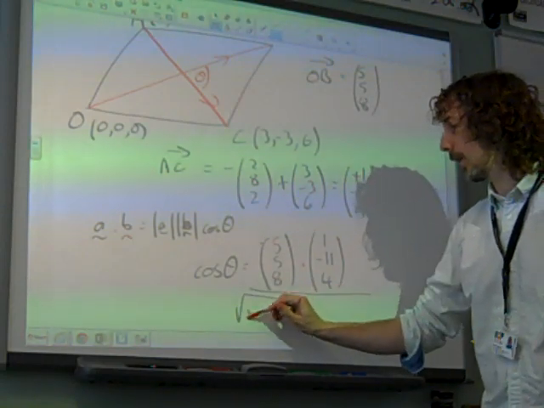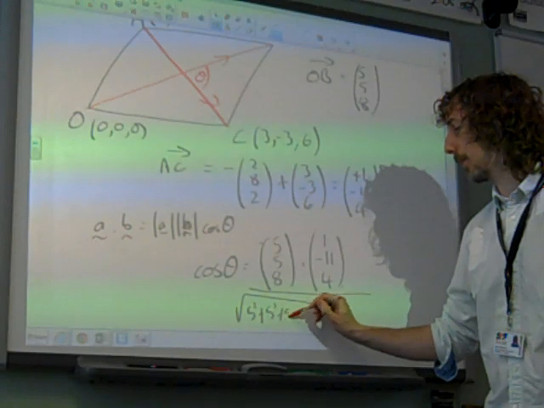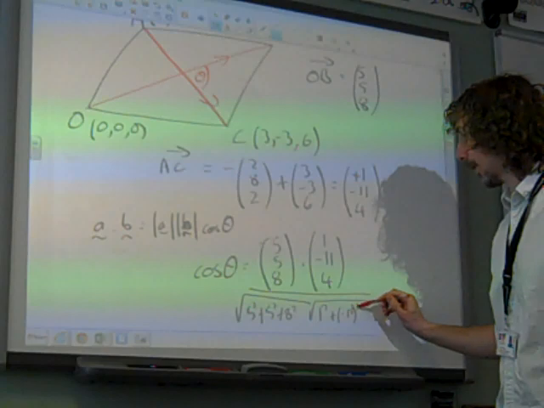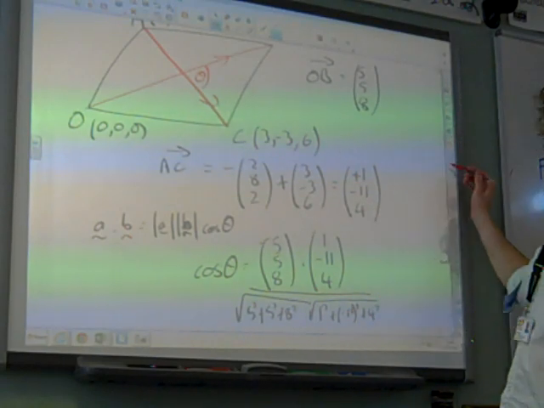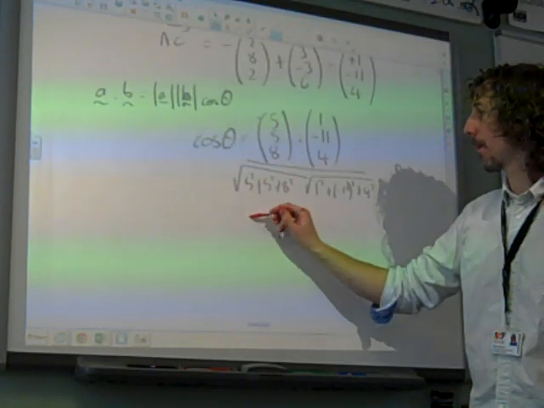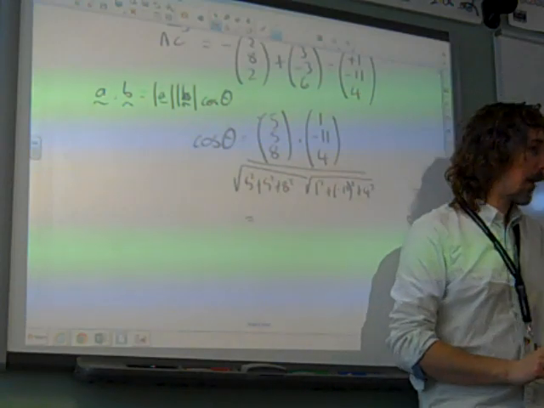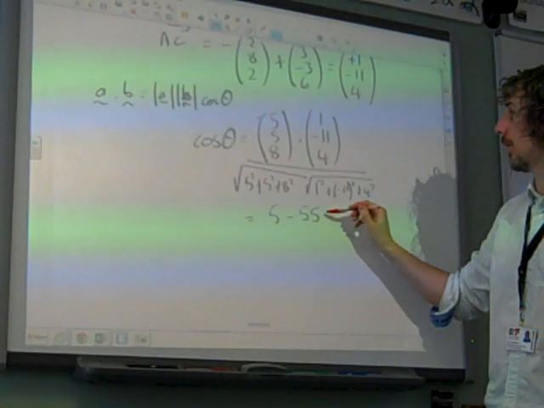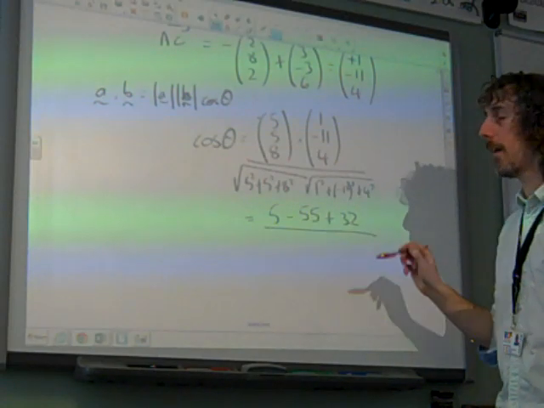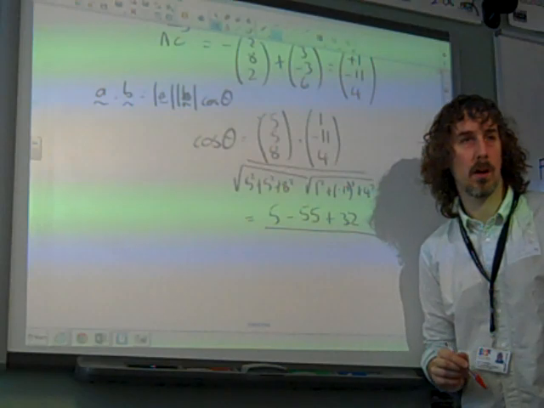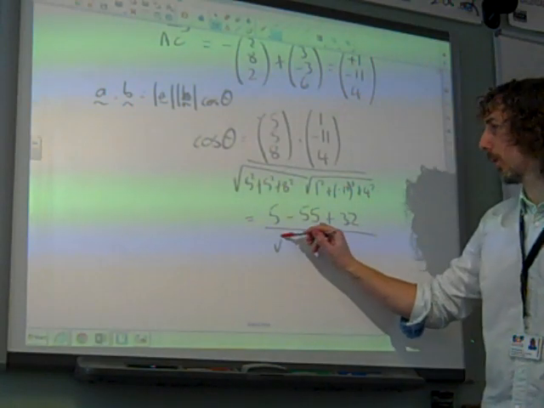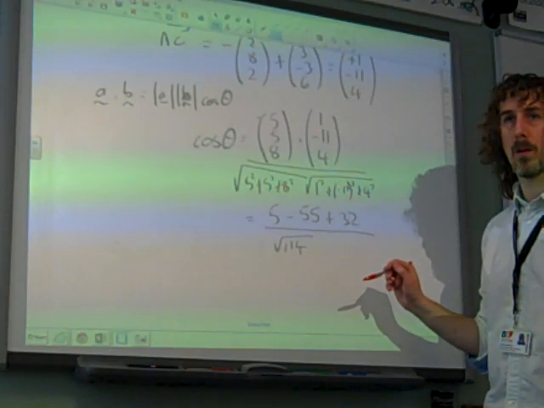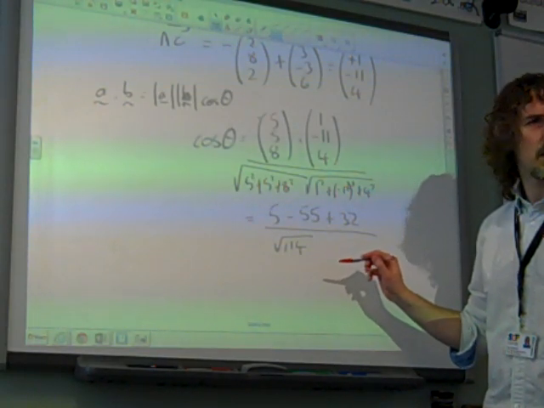So 5 squared plus 5 squared plus 8 squared, and this one is 1 squared plus minus 11 squared plus 4 squared. And remember how we work this out, we're going to do 5 times 1 minus 55 plus 32 down there, and then this gives us root 114, and this must be root 138.